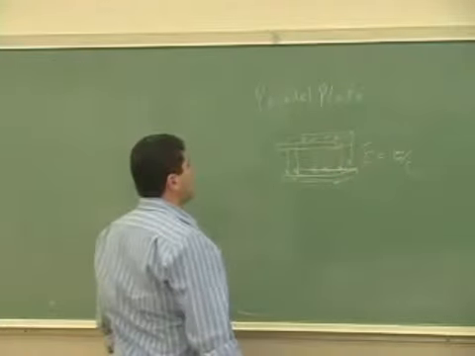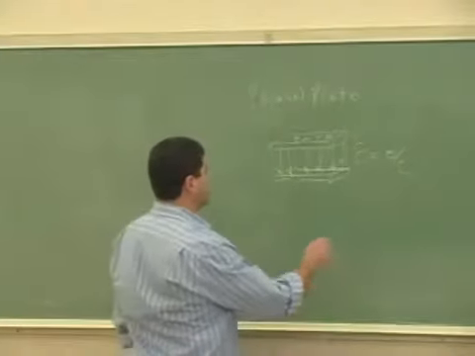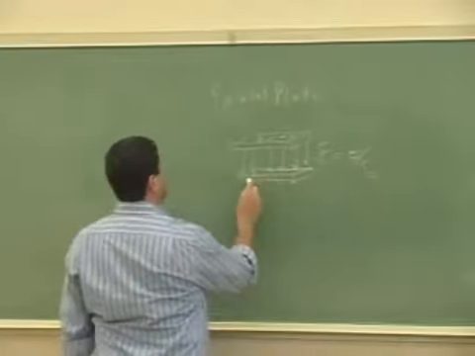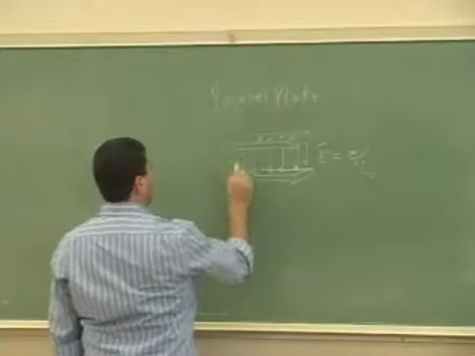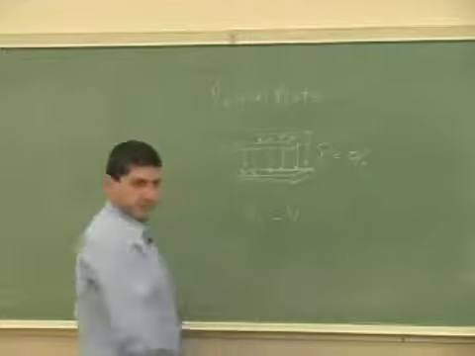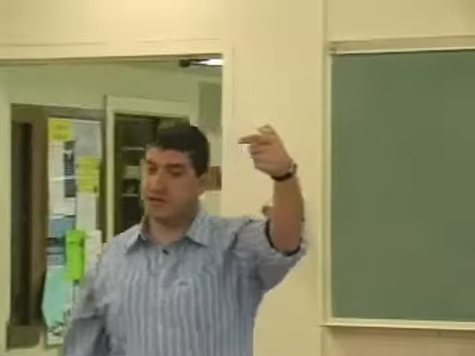So the electric field is confined to the inside. Now, if I want to find the potential difference, let's say I want to find the potential of this minus that. We'll call this V2 minus V1. The potential of the positive plate is going to be higher than the potential of the negative plate.